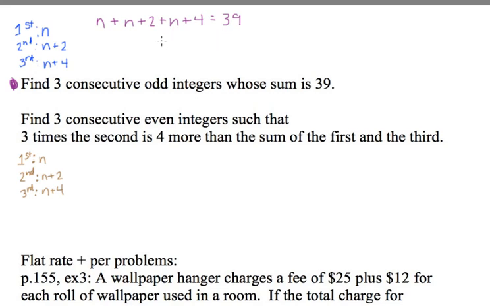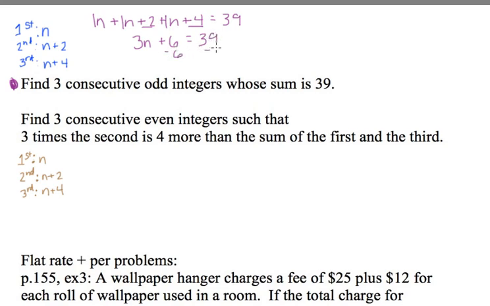I have to add up my n's. So I have 1n plus 1n plus 1n gives me 3n. And plus 2 and plus 4 adds together to be plus 6 equals 39. And now I can solve for n.